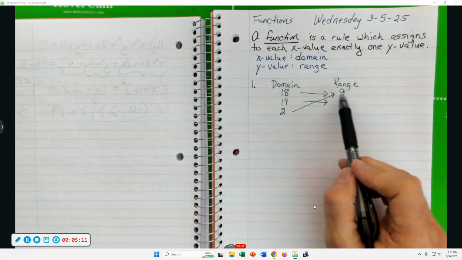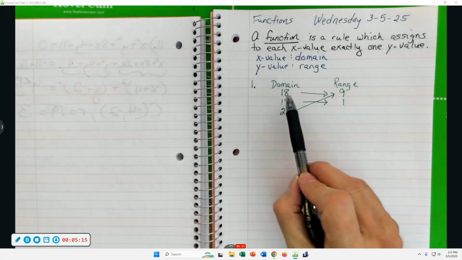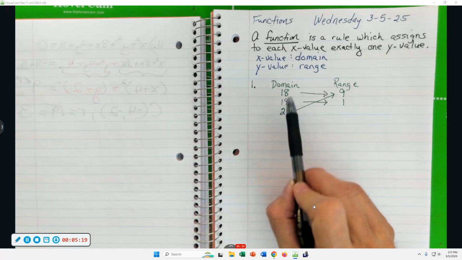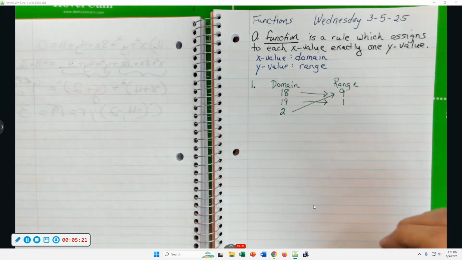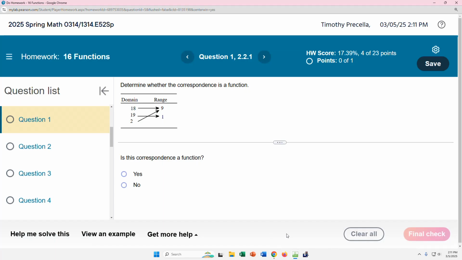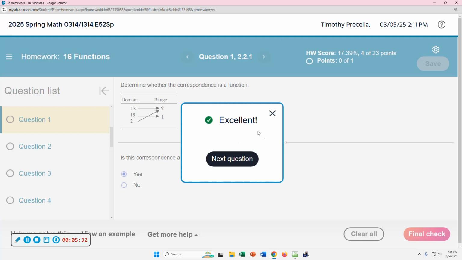You might be thinking, well, wait, they reused the 9. That's irrelevant. How many y values are being assigned to each x value? The question was, is this thing a function? Yes. The answer is yes. It is a function.